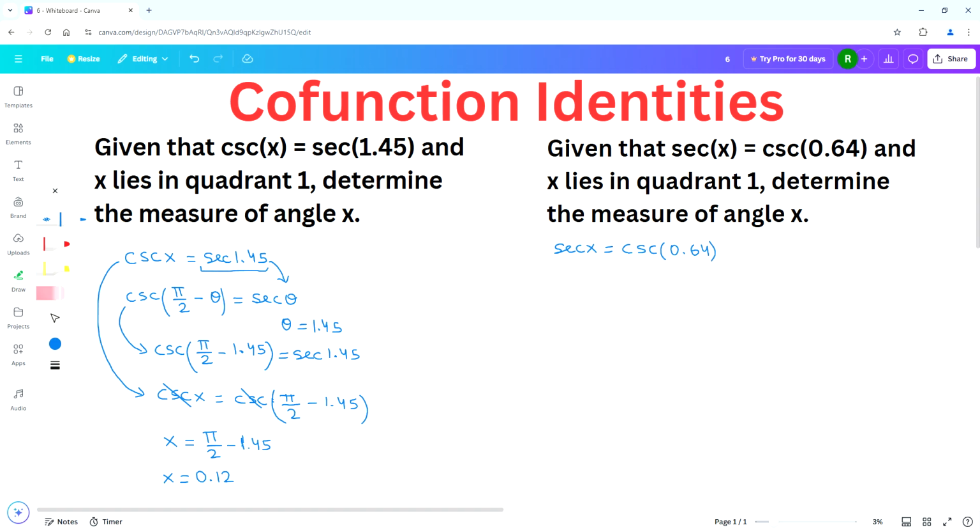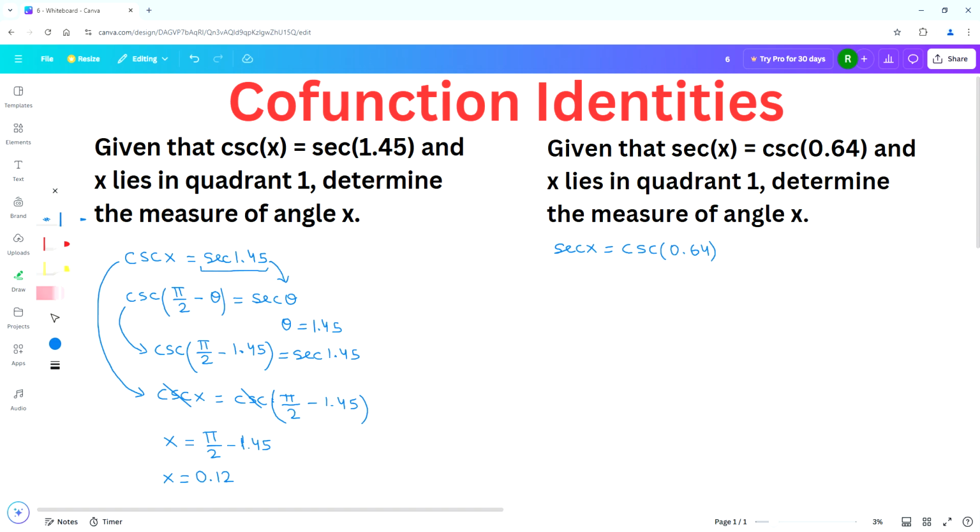Since x is in quadrant 1, we have to use the cofunction identities with expression pi over 2 minus theta in them. We have to change the cosecant ratio on the right side of the equation to secant because then we'll have the same trigonometry ratio on both sides and we'll be able to solve for x.